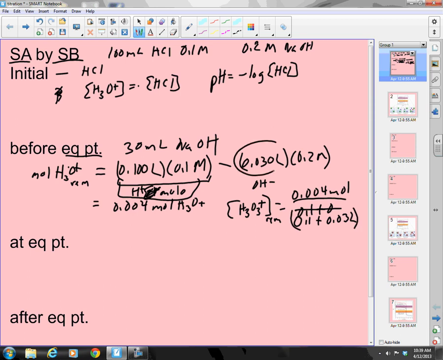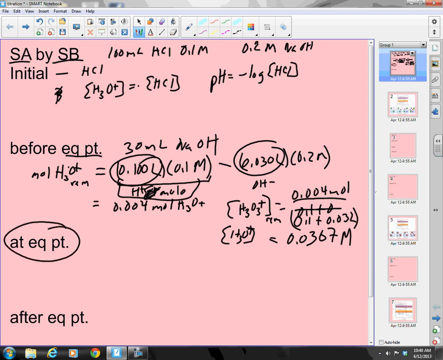I'm going to take my liters here and my liters here, add them together, so 0.004 divided by 0.13. And I get 0.0307 molar. And then I'm going to take the negative log of that, because this is my hydronium concentration, to get my pH.